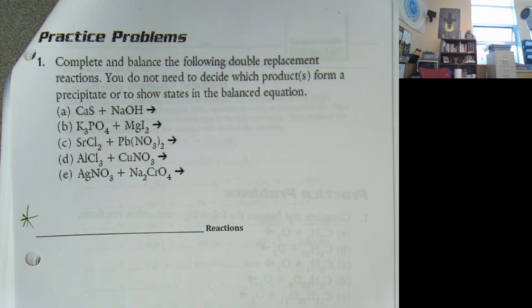C is positive. N is positive. It's 2 swap spots. C is OH. Swap spots.